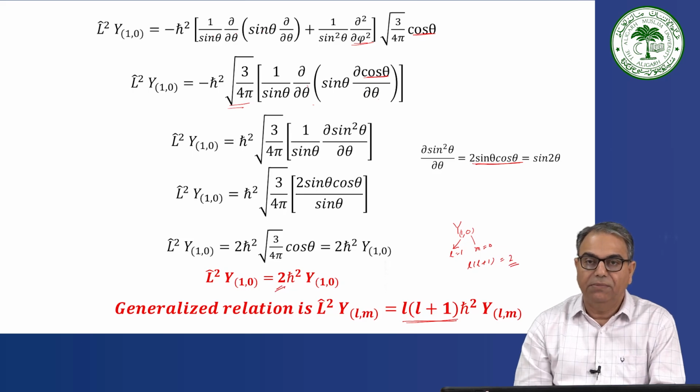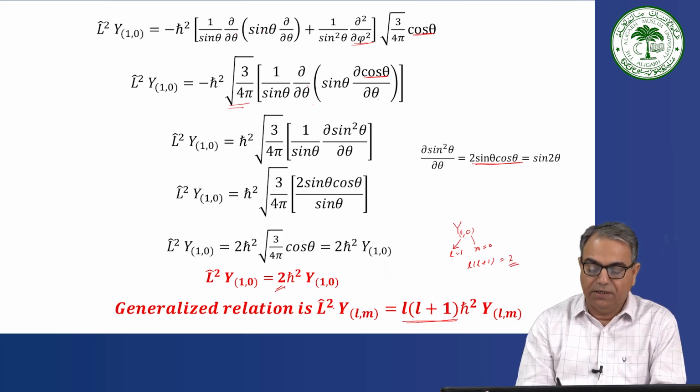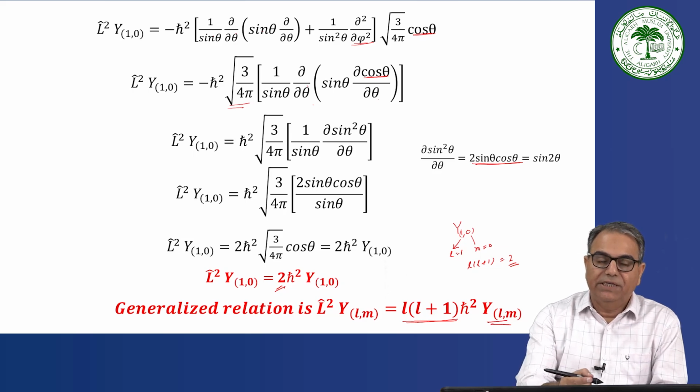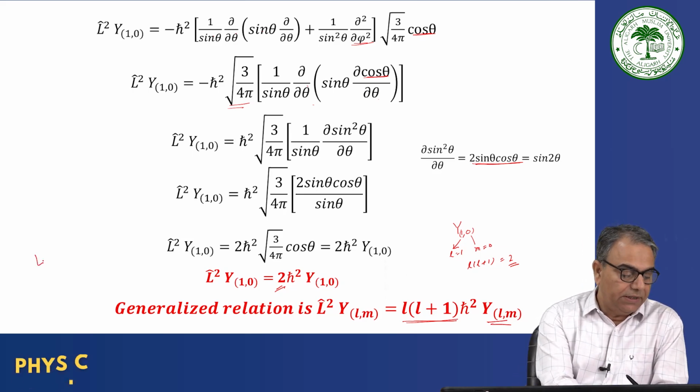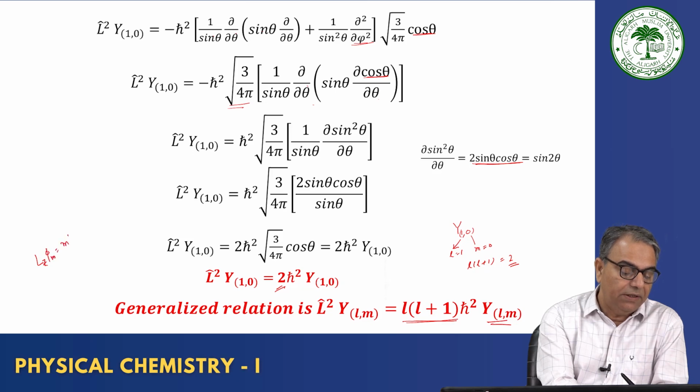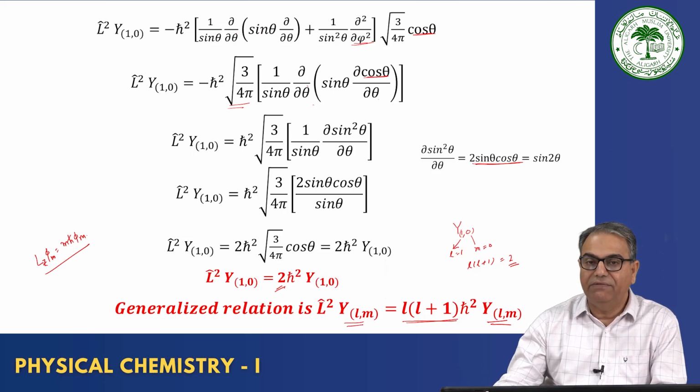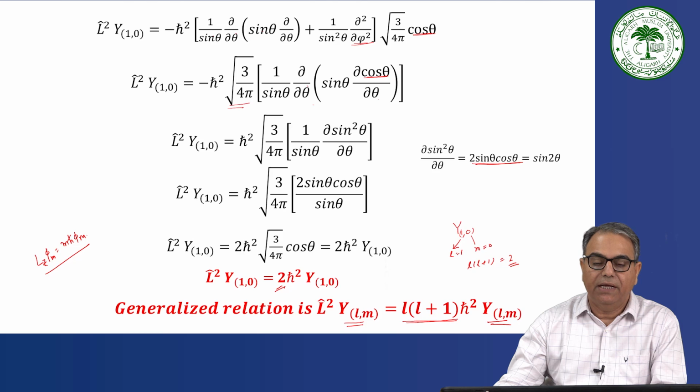So the general relationship for application of L square operator on a spherical harmonics is that it gives l into l plus 1 h cross square Ylm. Okay. So Lz operator when operated on phi m gives m h cross phi m, and L square operator when operated on Ylm gives l into l plus 1 h cross square Ylm. Okay. So these are the eigenvalues of Lz operator and L square operator.